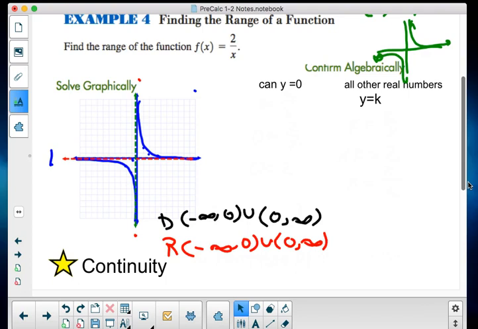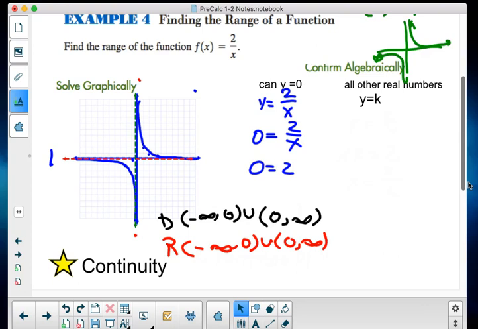Now, if I set y equal to 0, I get this type of thing: 0 equals 2. It doesn't make sense, but when I have that happening, y isn't 0, it can't be 0.